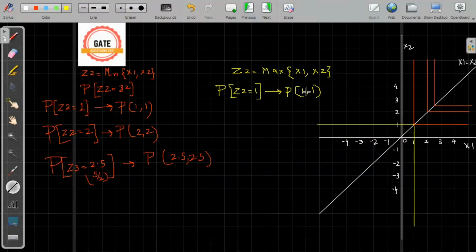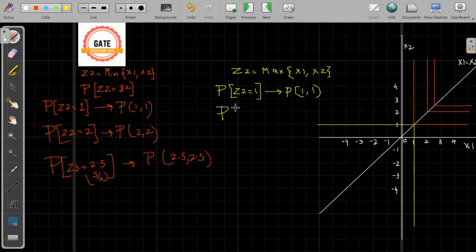So to calculate this probability, this is the boundary for the maximum function. Note that for the minimum function it is in this direction and for the maximum function it is in this direction, and the corner point remains the same.